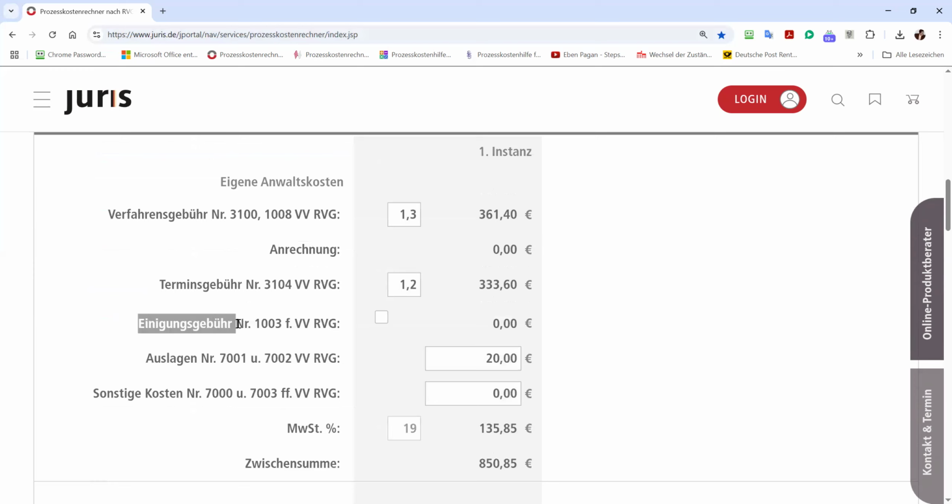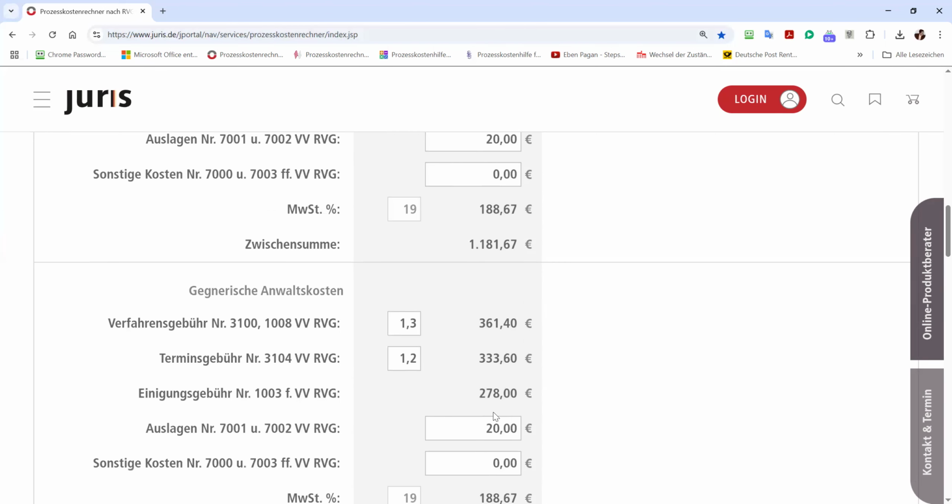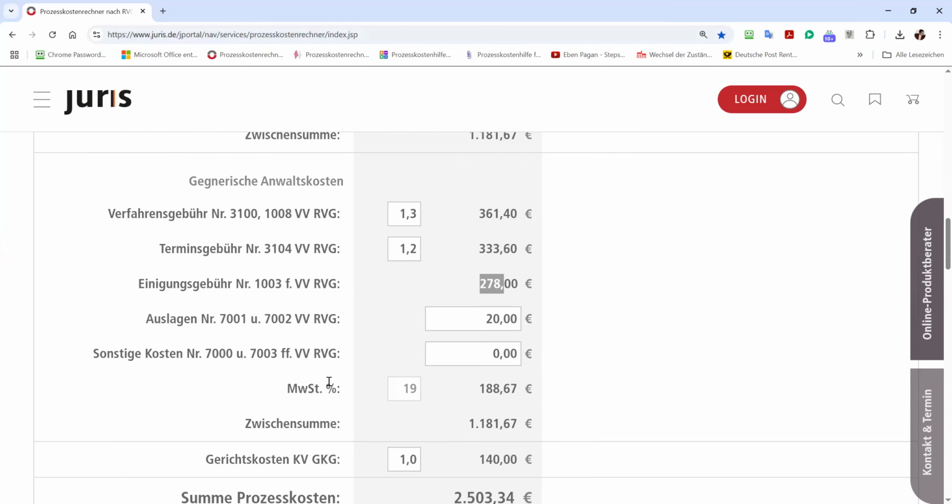So to determine this, you can check the box, this one here, and you will see the additional net fee of 278 euro, right? It arises for each attorney. So attorney number one, but also attorney number two, 278 euros, right?